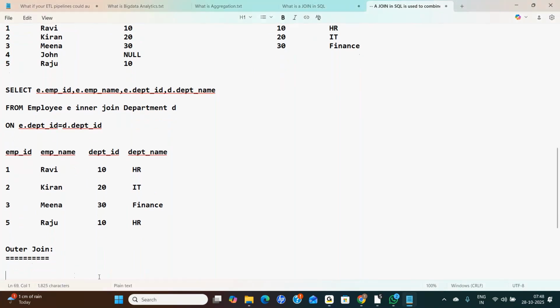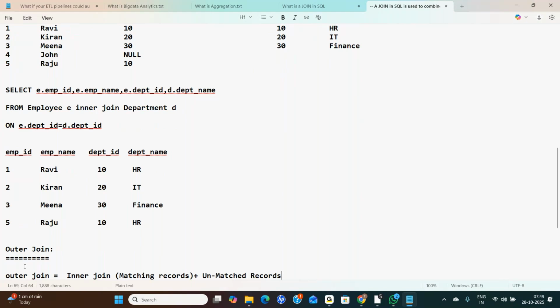So an outer join is equal to a simple formulation: inner join, which means matching records, in bracket I'm writing matching records, plus non-matched, unmatched records also will be produced.